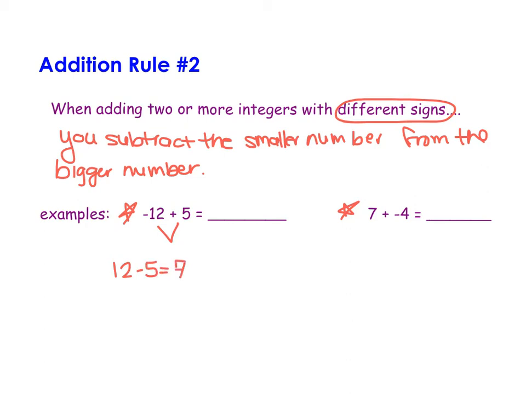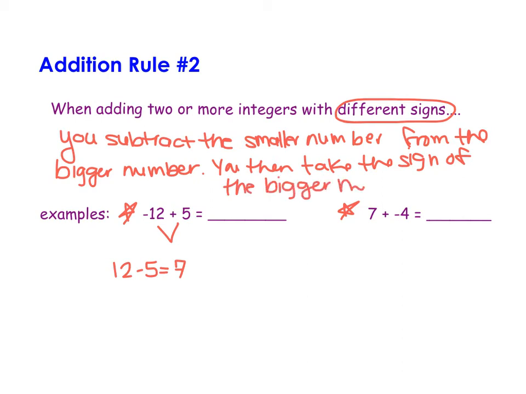So after you subtract the two numbers, you then take the sign of the bigger number. So for example here, we took 12 minus 5, which was 7.